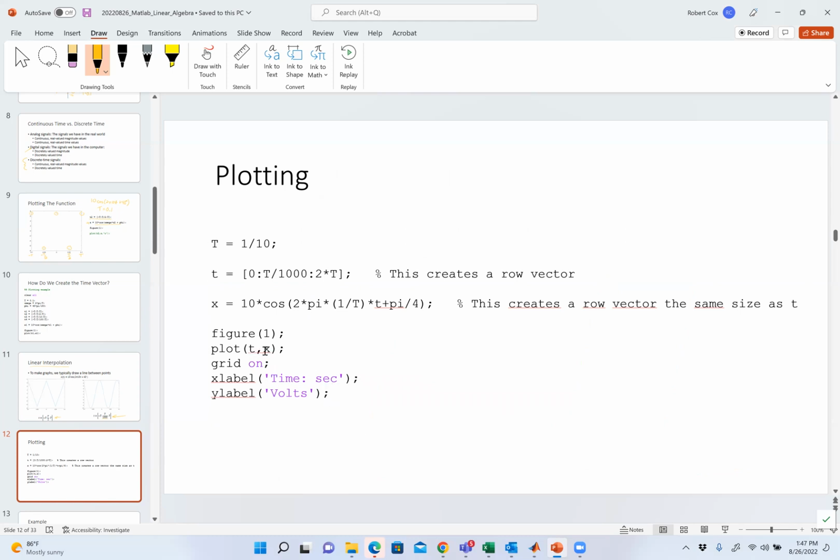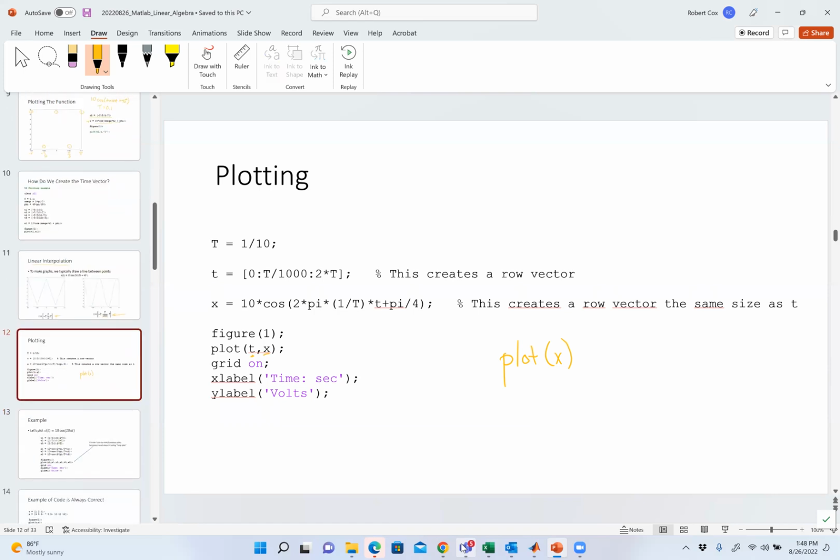I could write plot x, and that would draw a sine wave as well. If I do plot t comma x, it uses the t values to label the x-axis, and it uses the x values to label the y-axis.